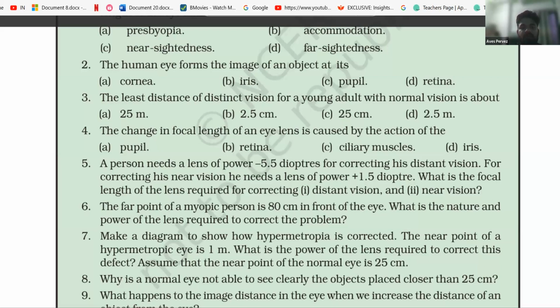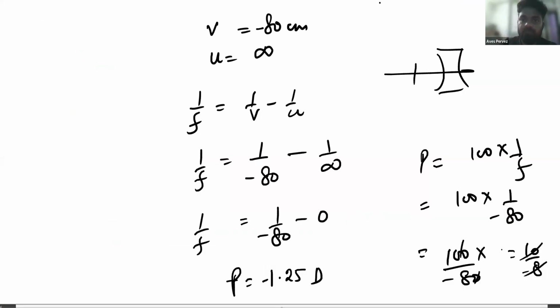Noted, sir. Okay, now its solution. Note the solution also. Done? Okay. Now note the next question.